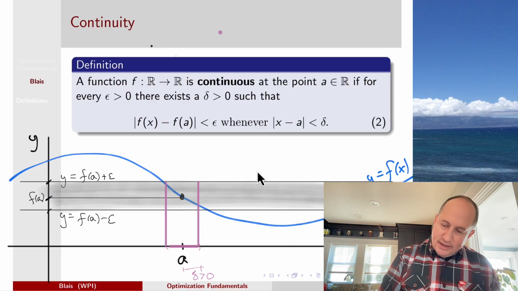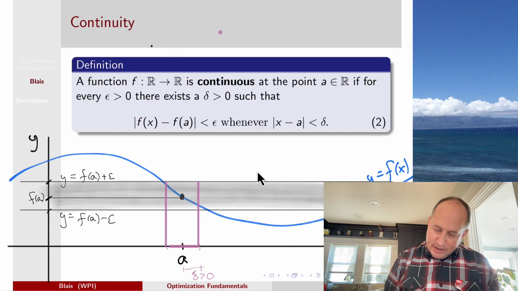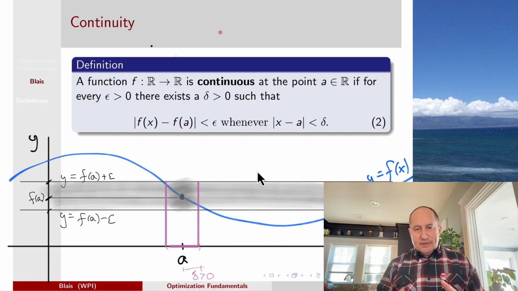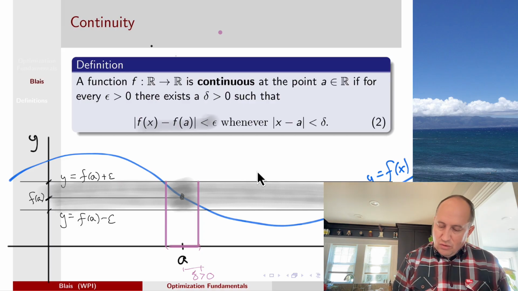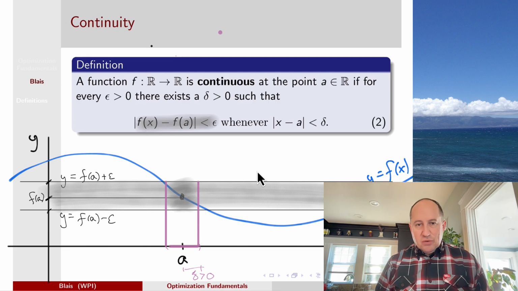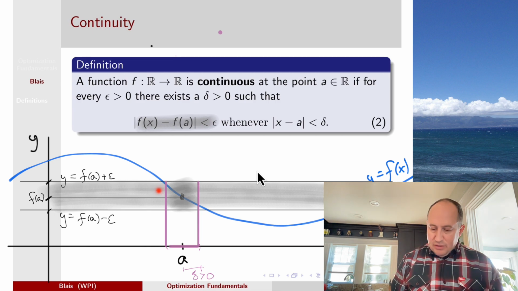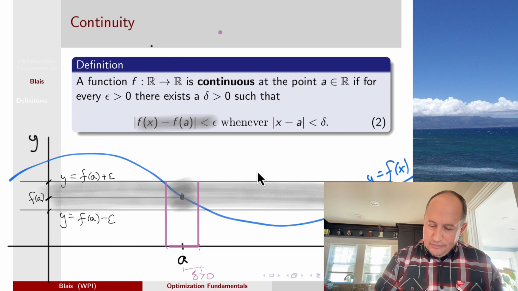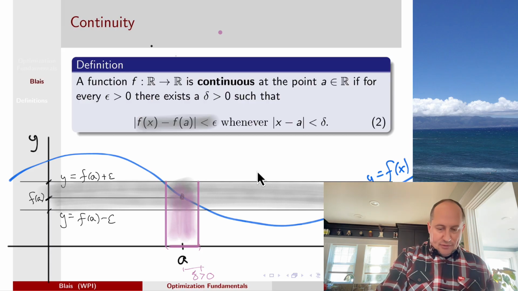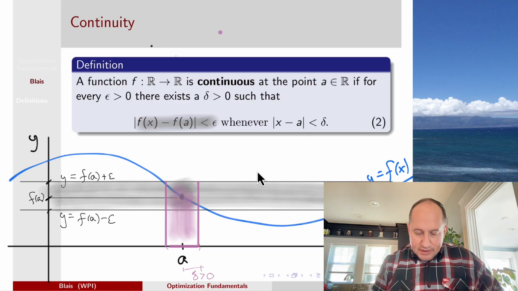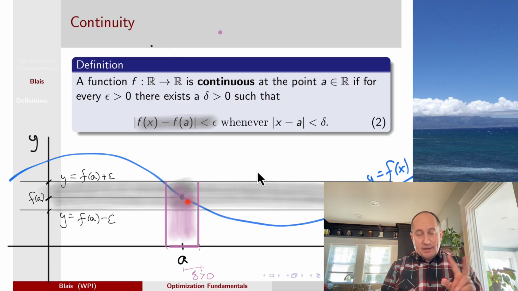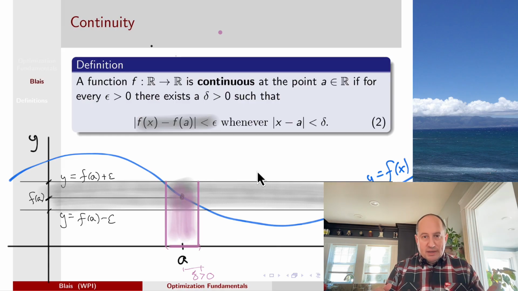And so that's the key, the idea of getting the blue curve completely inside this box. So anytime we're given this epsilon greater than 0, we are asked, can we get the curve within this horizontal gray band? And our answer is, if we can find this vertical lavender band such that the blue curve is inside the box in the intersection of the two, then that's what it means for f to be continuous at a.